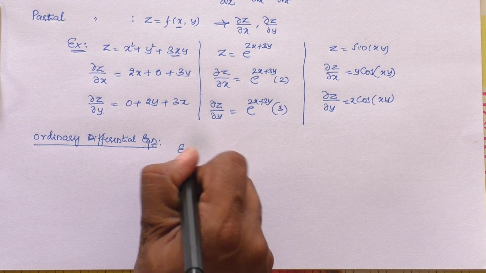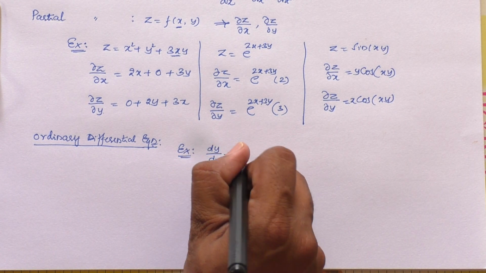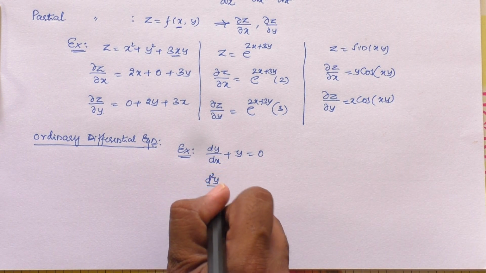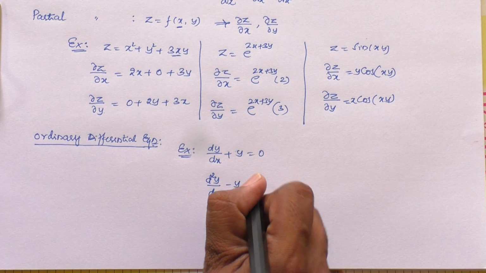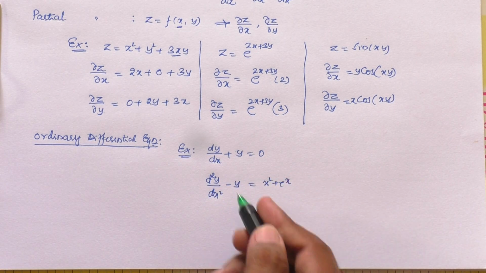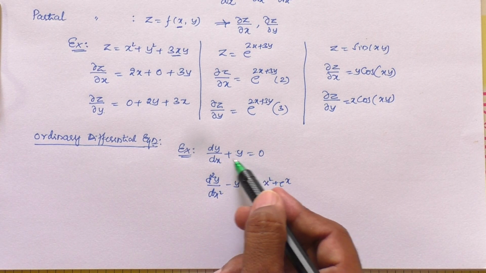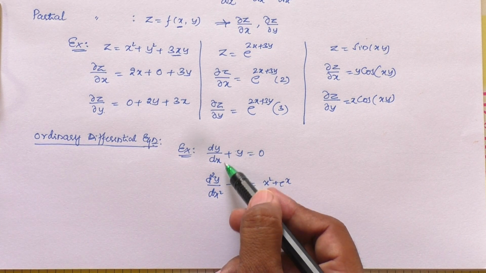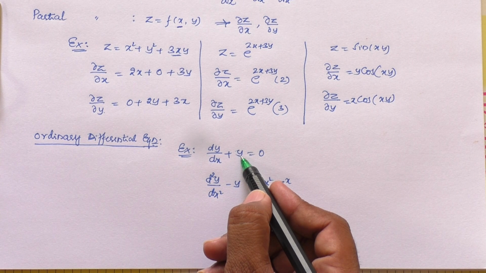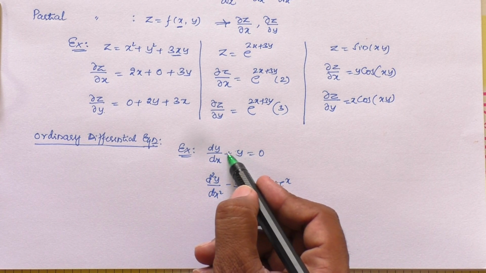For example, dy by dx plus y equal to 0, d square y by dx square minus y equal to x square plus e raised to x something. Both are examples of ordinary differential equations, because both equations have ordinary derivatives. Now look at this one, it has only y and the derivative of y, the derivative of the dependent variable y.